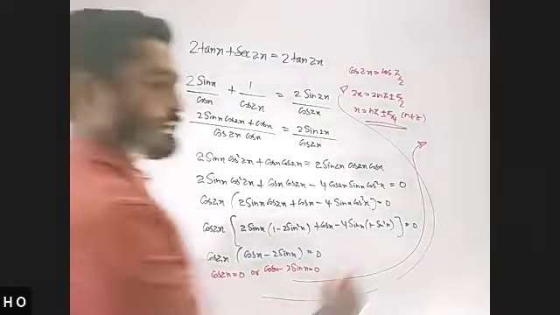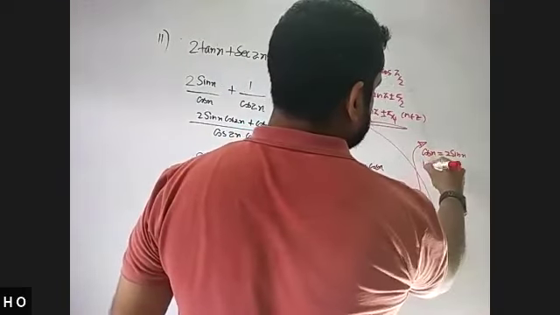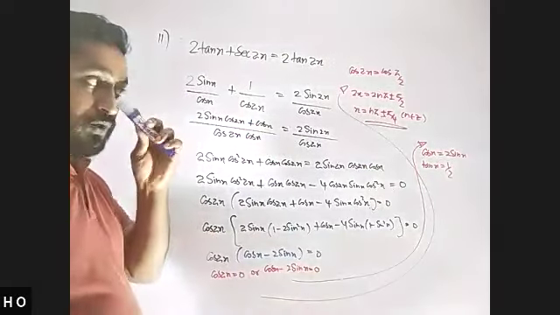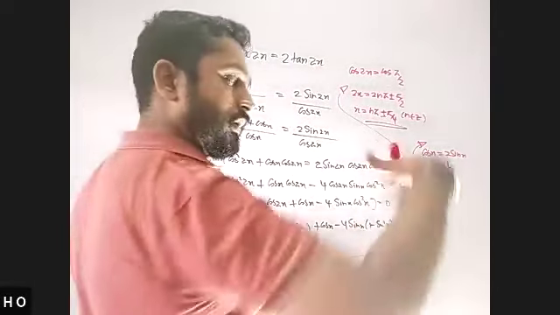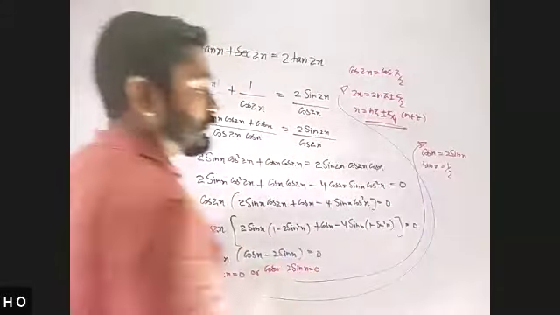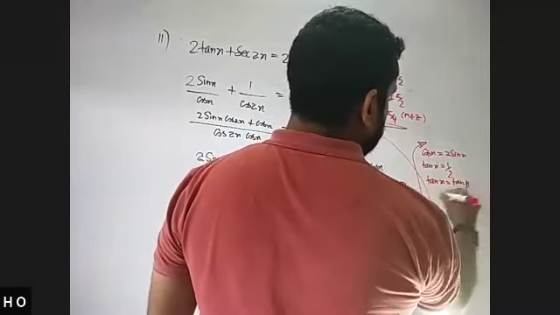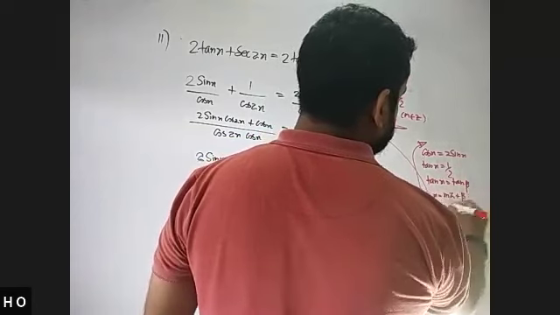cos x equals 2 sin x, so tan x equals half. By the way, for half, you don't have a table value. So let us say the primary solution is beta. Tan x equals tan beta, therefore x equals m pi plus beta.